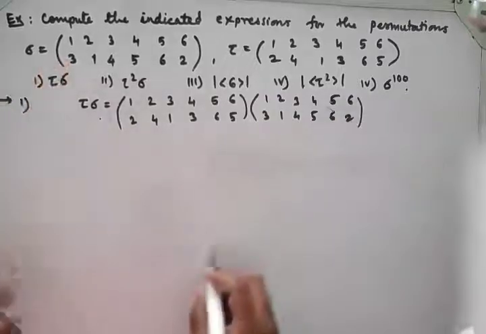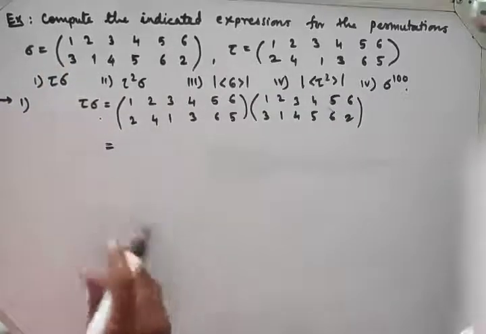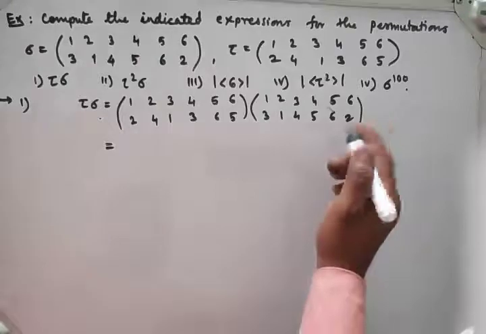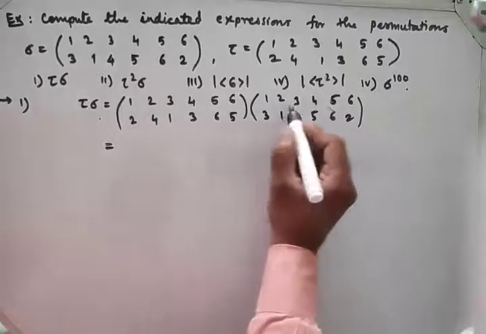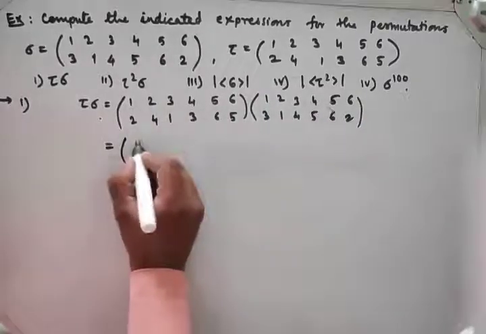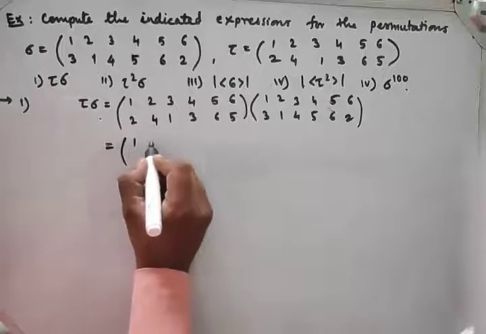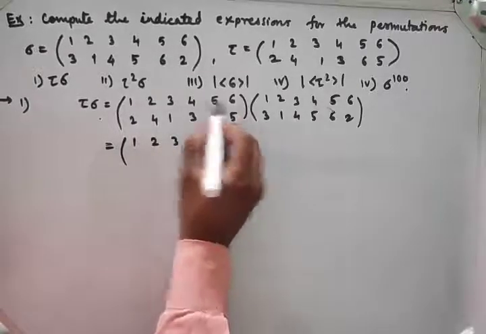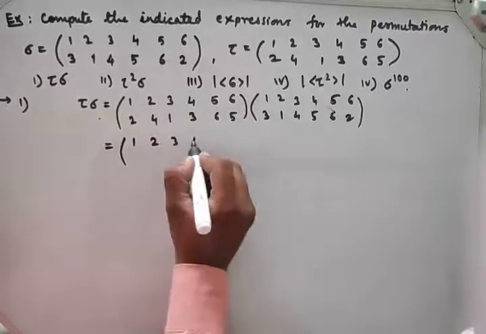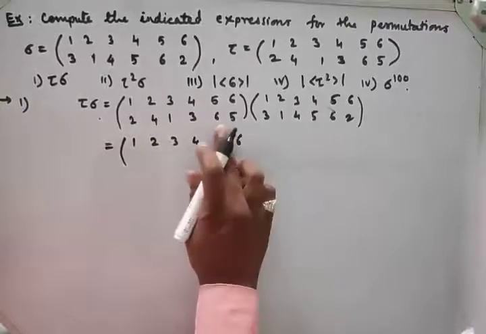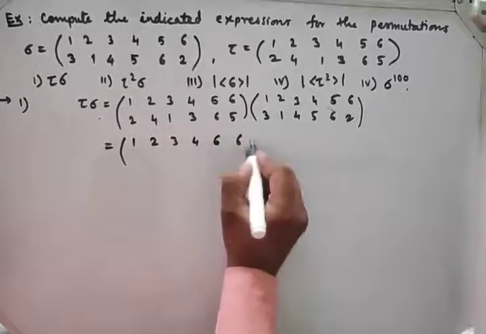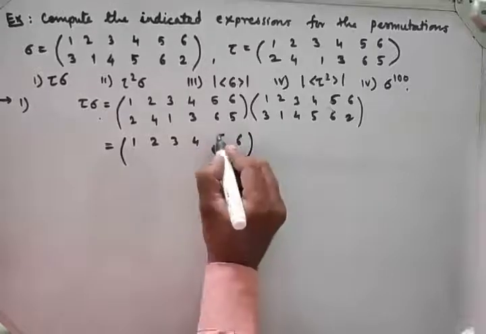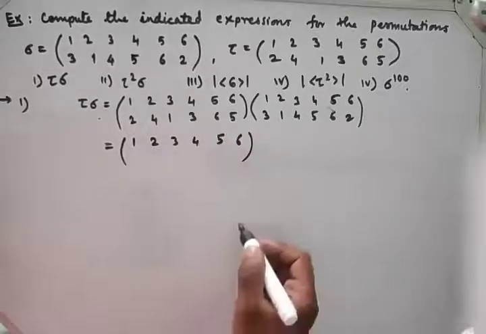Their product is taken from right to left. I will write the six symbols 1, 2, 3, 4, 5, and 6. Start from 1.